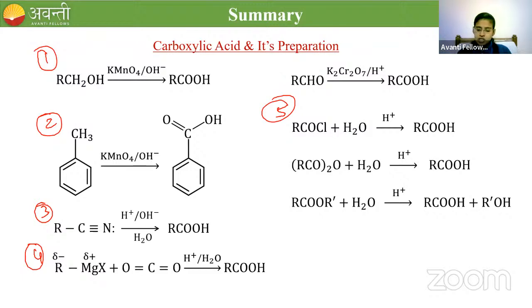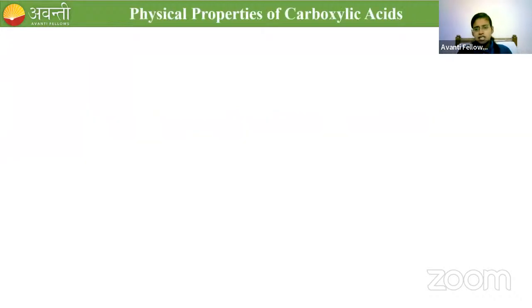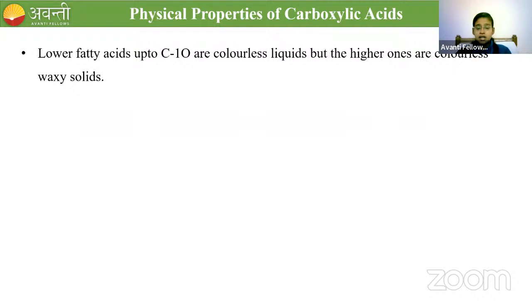Okay. So now let us go for the second topic, physical properties. So what are the physical properties of carboxylic acid? First let me talk about the physical state. First is about the color.